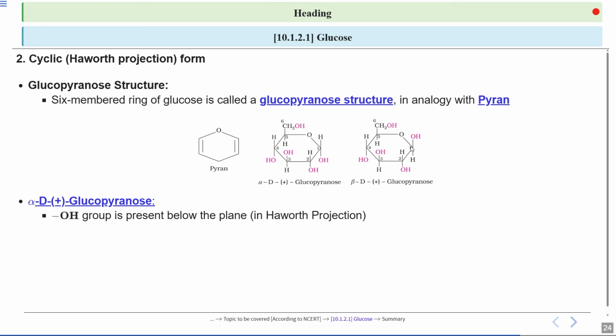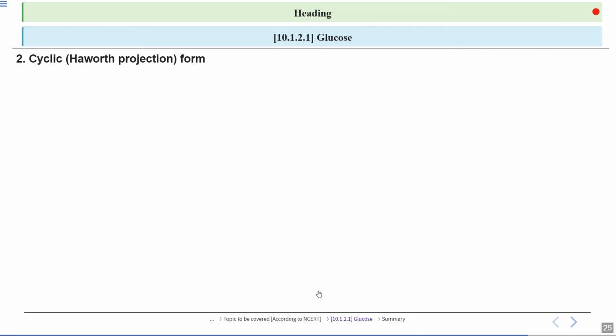The OH group is pointing downwards, which defines the alpha form.